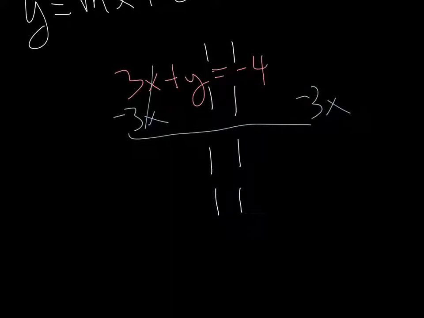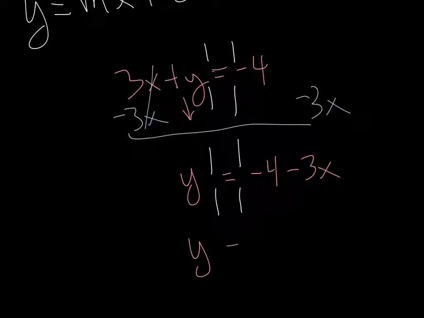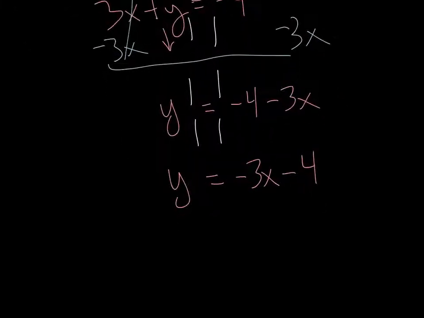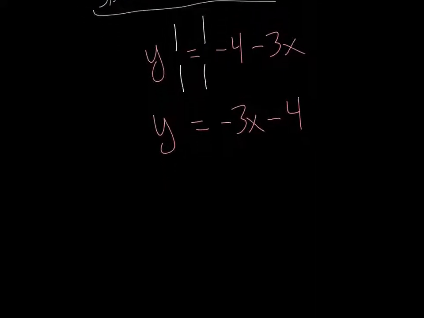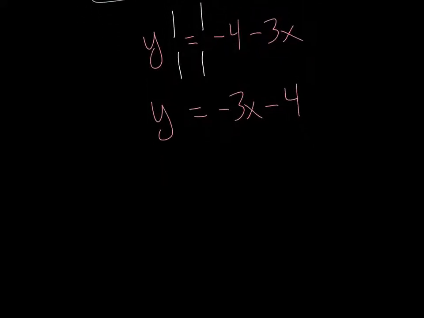Alright, let's bring down everything else. Y comes straight down, and then you have equals negative 4 minus 3x. Just rearrange this information on the right. Just switch the order a little bit so that it's in y equals mx plus b. Y equals negative 3x minus 4. Beautiful. Now we can actually tell what the slope is and what the y-intercept is.